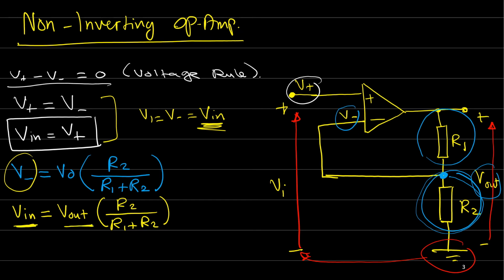We can easily find the relation between the output and the input. And this relation between the output and the input is the gain, because we said the gain is V out over Vin. So we can easily say that V out over Vin equals R1 plus R2 over R2.